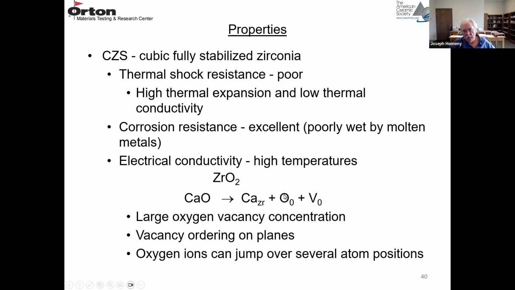So the oxygen is jumping from one vacant site to another, and it's O2-. So you're having a negatively charged ion moving through the structure. So that gives rise to electrical conductivity. And that's going to take place at very high temperatures. So that ionic conductivity is useful if you want to use a cubic zirconia as a heating element.